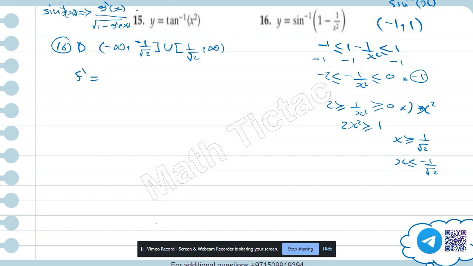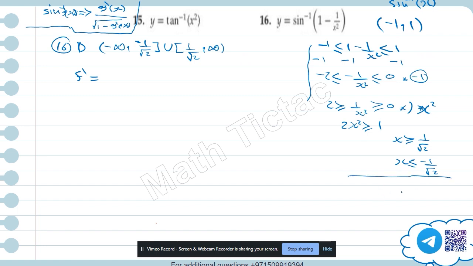After simplifying, it will be 2 over x cubed. So here I will put 2 over x cubed divided by the square root of 1 minus this function inside, squared. 1 minus 1 over x squared, squared.